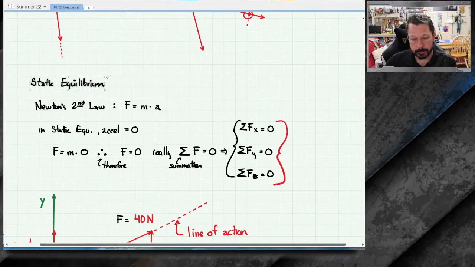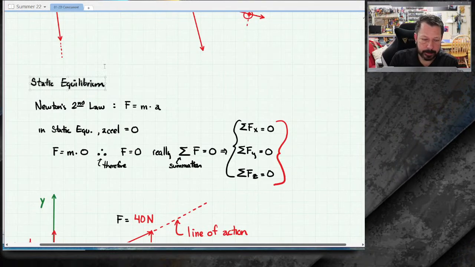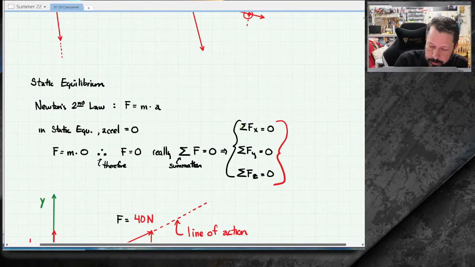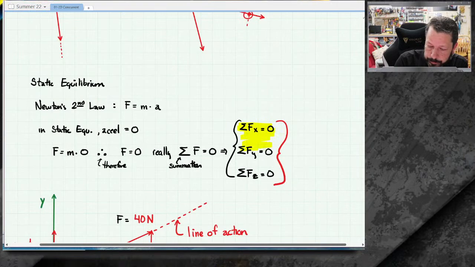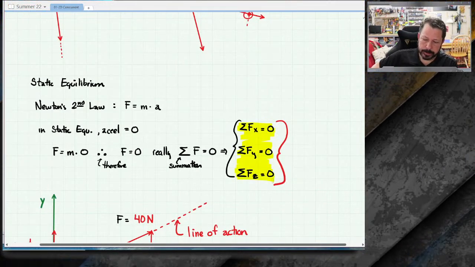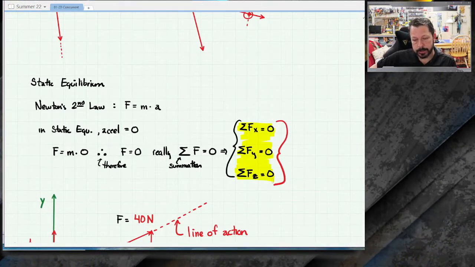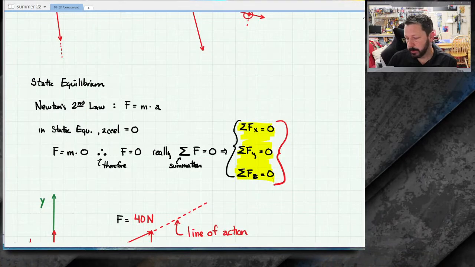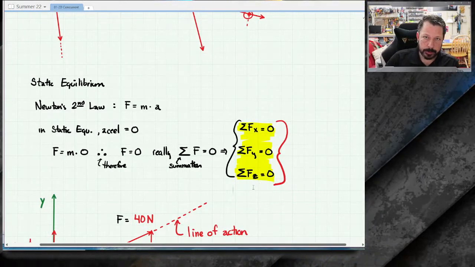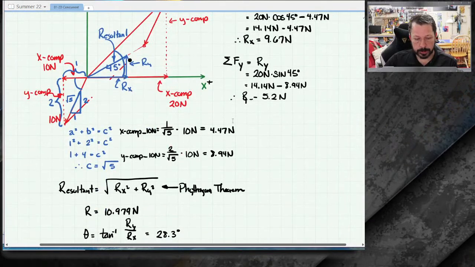When we enforce that constraint, then these three equations over here are true. Since we're in 2D, we only really need the x and y for now. So the x and y equations being equal to 0 can help us work backwards to figure things out.